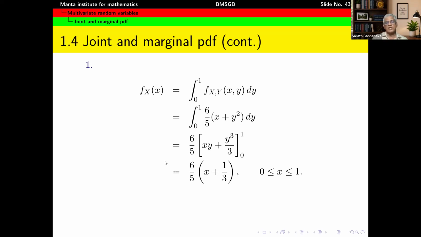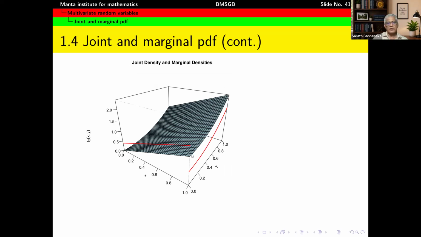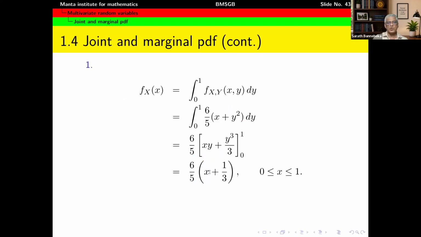So this is the density. You can see that it's a function of x, and it's a linear function of x, right? That's why you saw here a straight line, a linear function with a positive slope. The slope is 6/5 and the intercept is equal to 2/5, right? So that's a straight line.